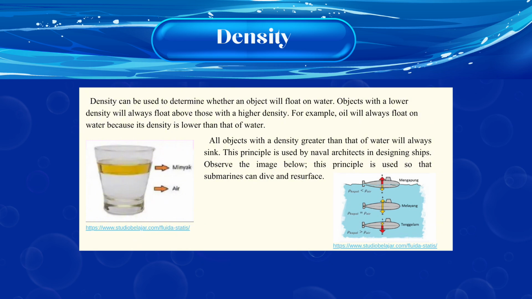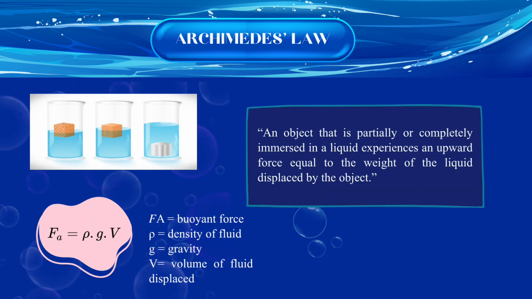And the third is sinking, where the density of the submarine is greater than water, causing it to go down. From these two images, we can conclude that the position of an object in water depends on its density. If the density is lower, the object will float, and if it is higher, the object will sink.